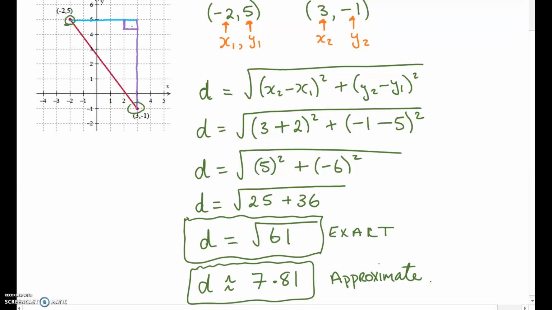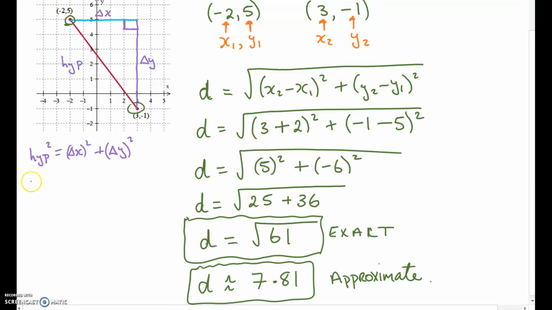This distance here is the change in the x, and this distance is the change in the y's. So if this is now the hypotenuse, what we're really saying is that hypotenuse squared is equal to the first leg, which is delta x squared, plus the second leg, delta y squared.